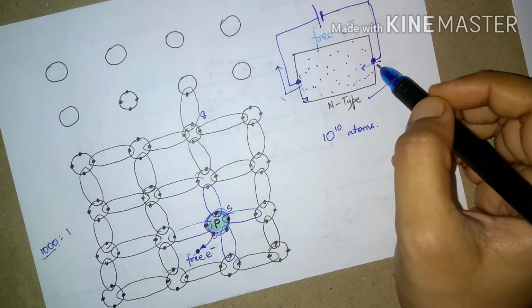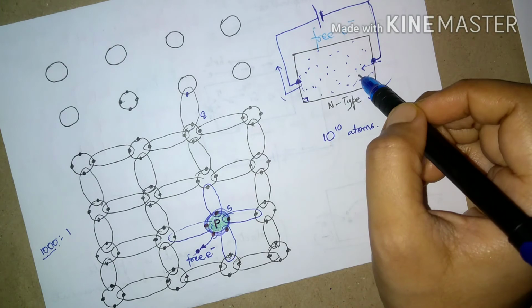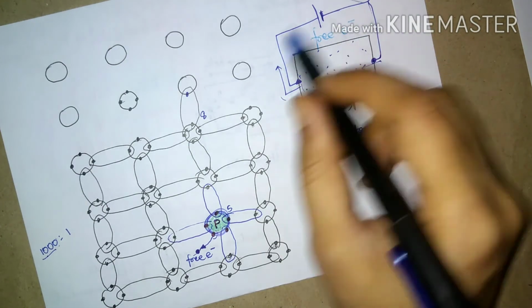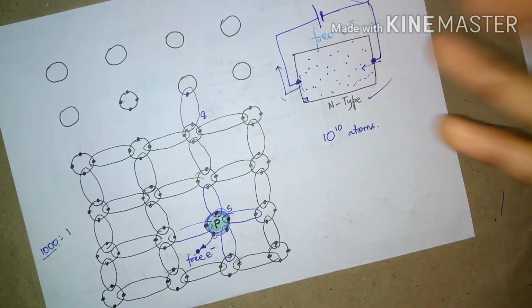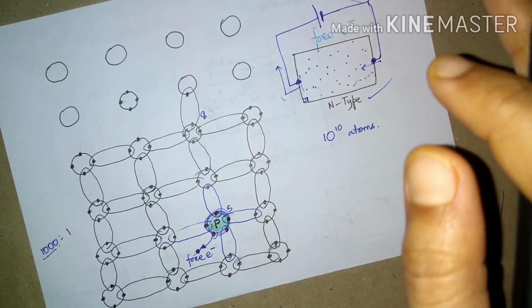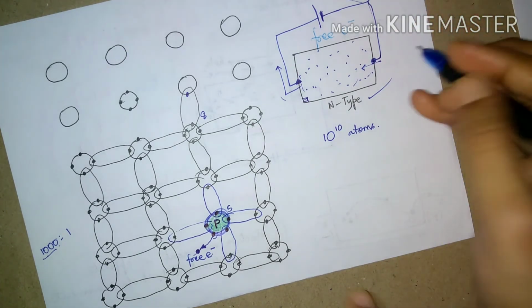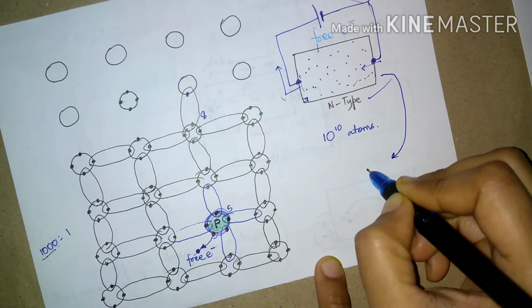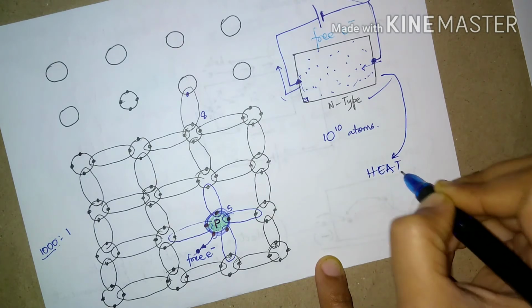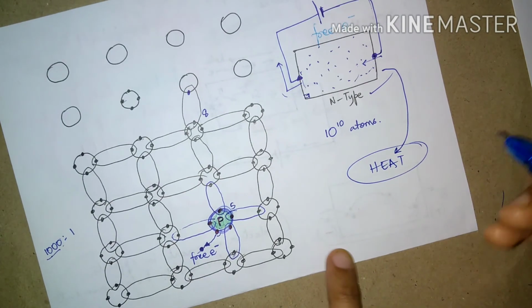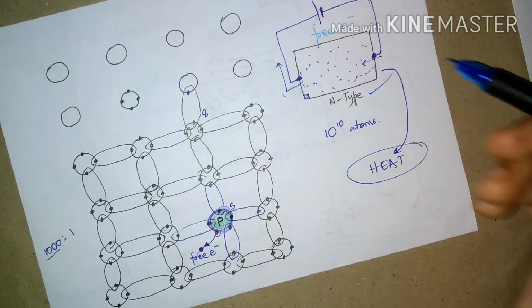You are 100% sure that electrons are getting repelled and holes are not present, or holes will get created if you bring this into some heat atmosphere or light is radiated upon it.